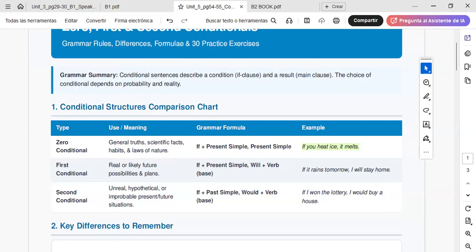When you finish, let me know, please, okay? Finish. Okay, thank you.